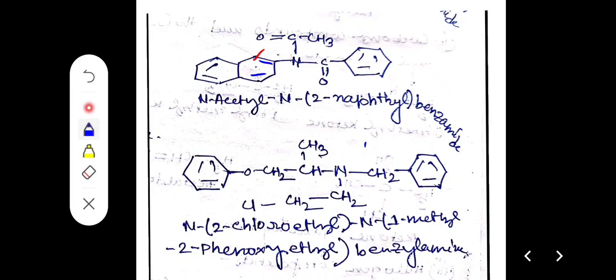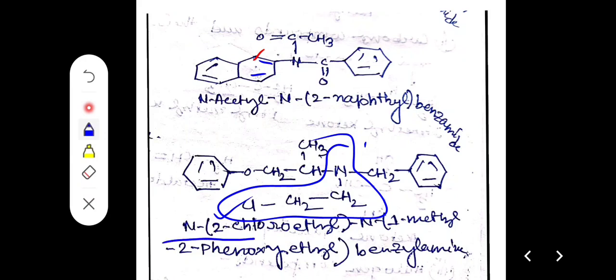Next one, there should be 2-chloro; in between nitrogen and the bracket we get a hyphen, because it designates that nitrogen is connected with this whole unit. Okay, nitrogen is connected by this whole unit, that is 2-chloroethyl is connected with nitrogen. So by this way we can get nitrogen hyphen in bracket 2-chloroethyl.